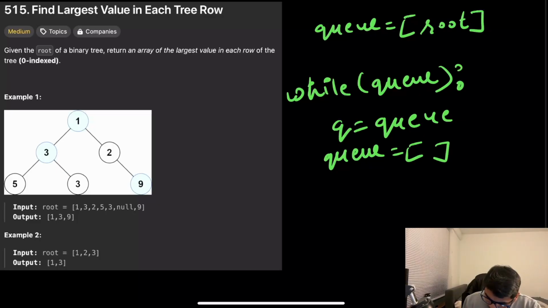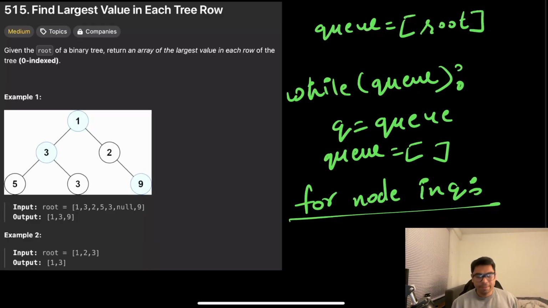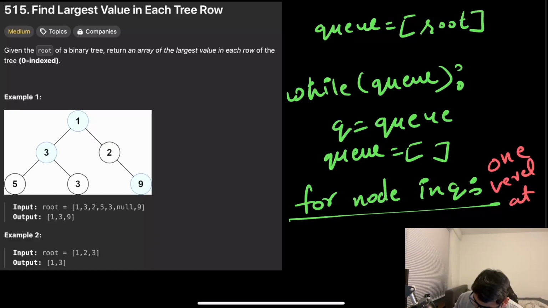Then, for node in queue, this allows me to process one level at a time.